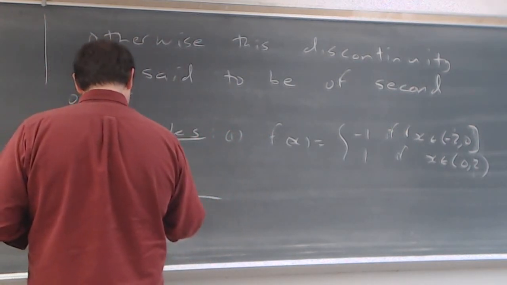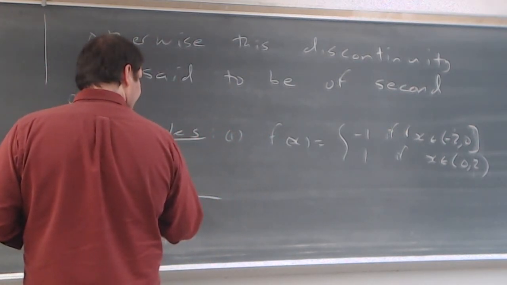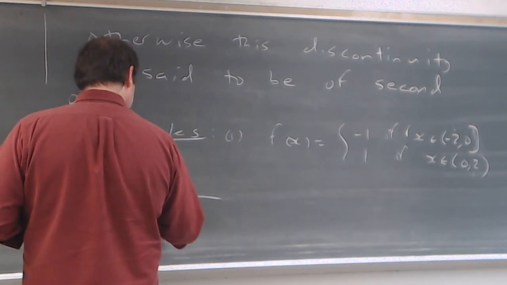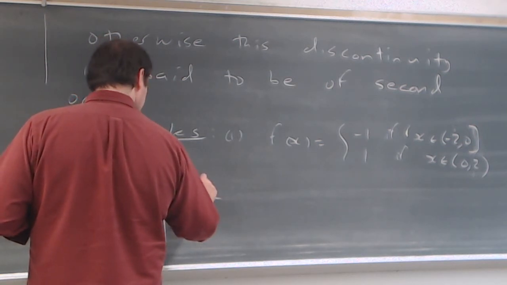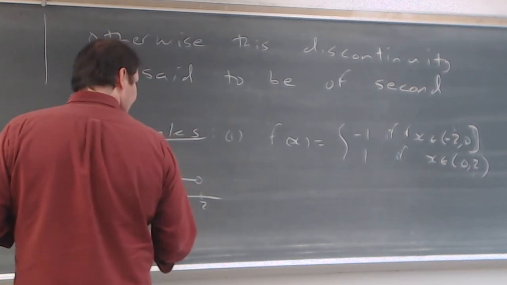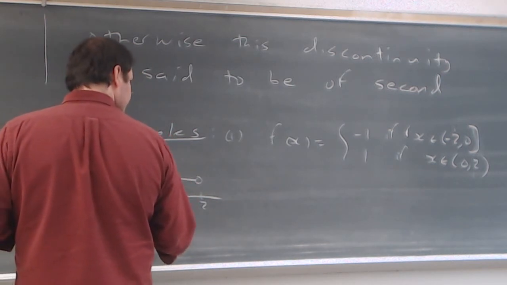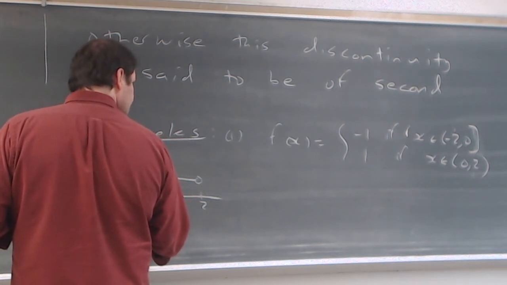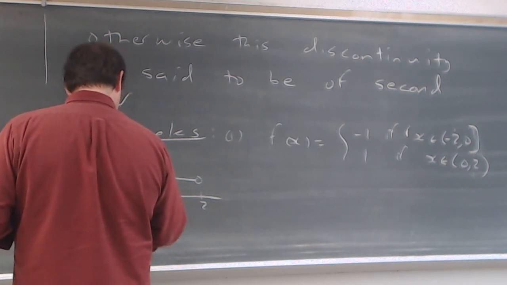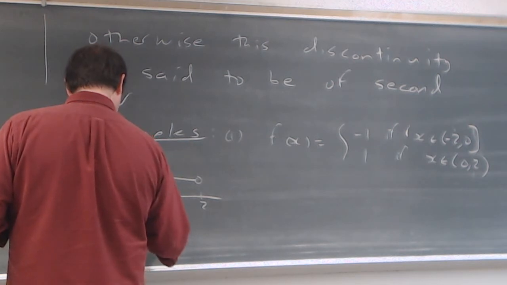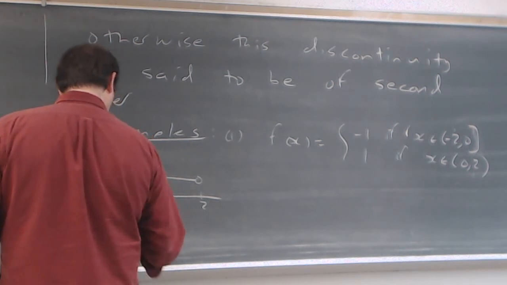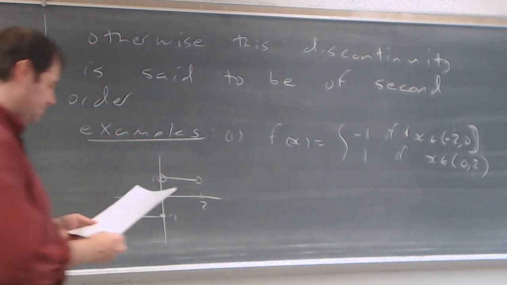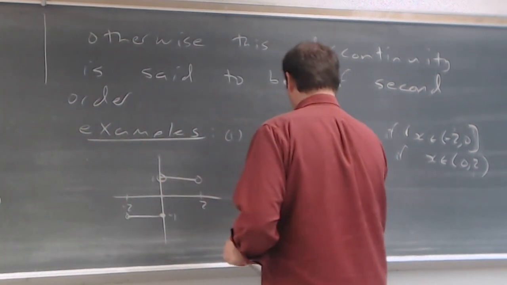From 0 to 2, it's 1, so open circle here. Here's 2, open, 1, and then it's equal to minus 1. Here's minus 1, and it's closed here. Here's minus 2, open to there.